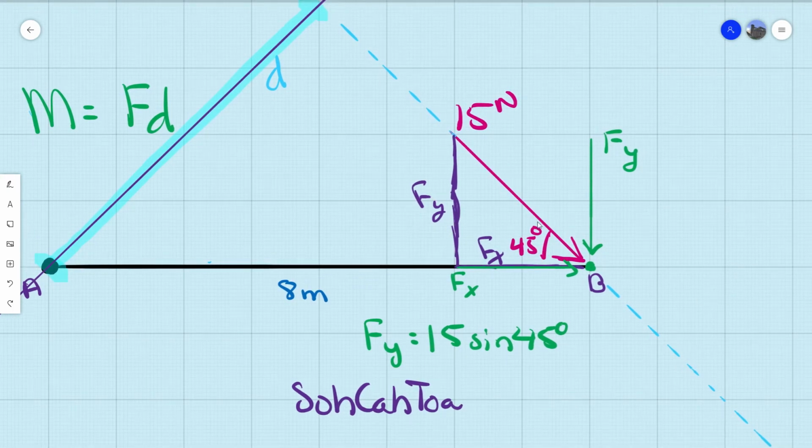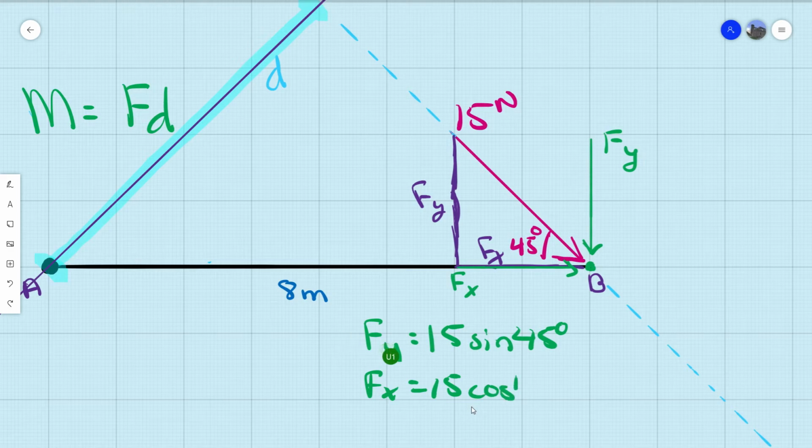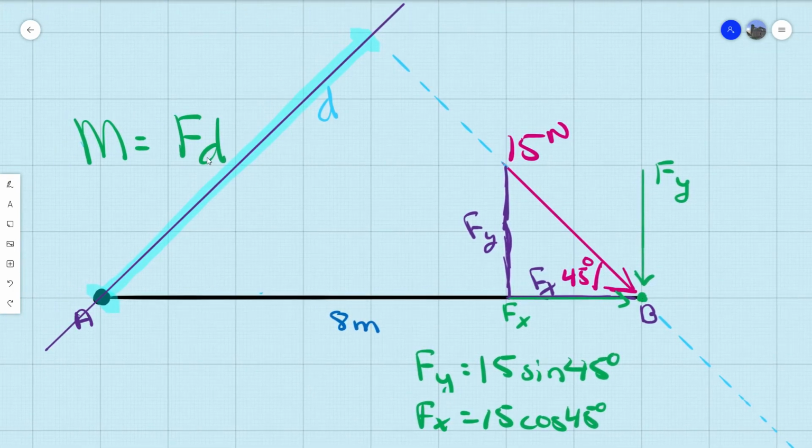Our side that we care about is opposite to our known angle, so we use SO, or the sine. And then we use the same logic to calculate Fx: 15 cosine of 45 degrees. And these forces that we just calculated, those are the forces that you'll plug into this moment equation.